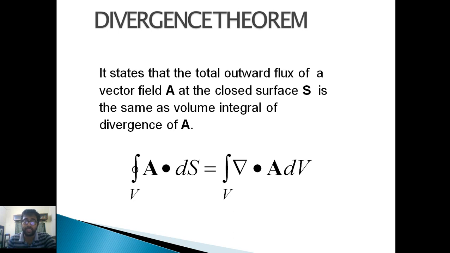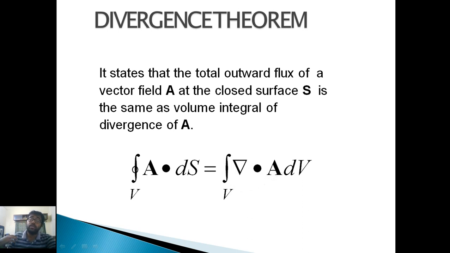So the closed surface integral of vector A will define the net outward flux from that specific region which has a specific volume V. This is the volume V. It will be equal to the volume integral of the divergence of A. If we take a volume integral of the divergence of A, it will provide the same result.